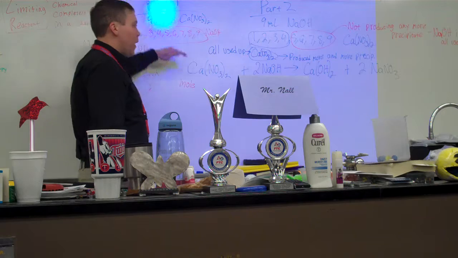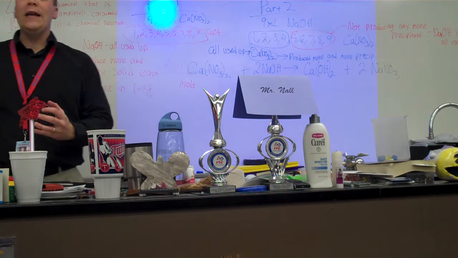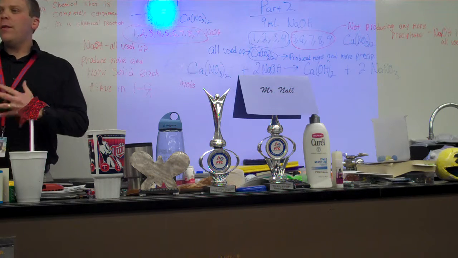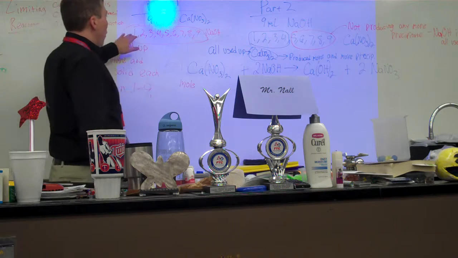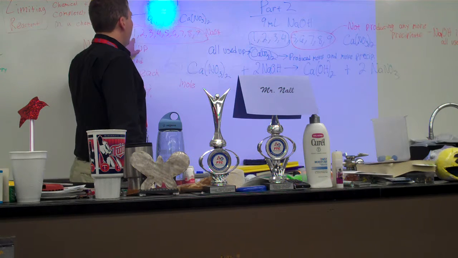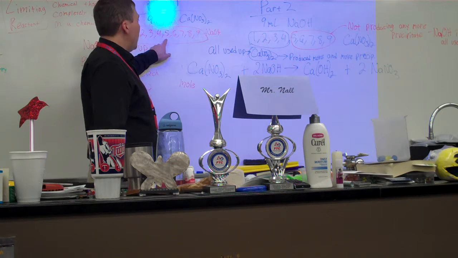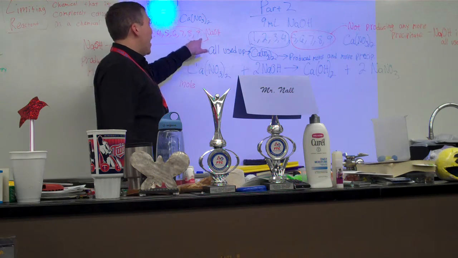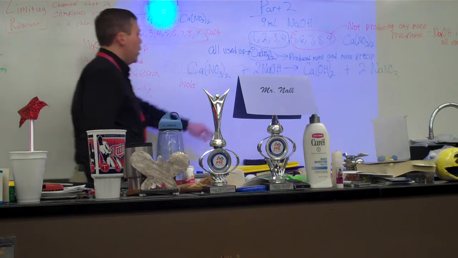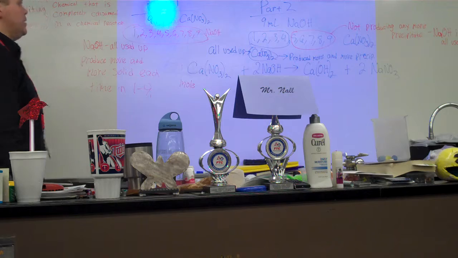So with 9 milliliters, I could have used up to 18 milliliters of sodium hydroxide in order to get the maximum amount of solid produced. So I only here used up half a mil of calcium nitrate, 1 mil, 1.5, 2, 2.5, 3, 3.5, 4, 4.5. So with 9 mils of sodium hydroxide, I only used 4.5 of calcium nitrate.